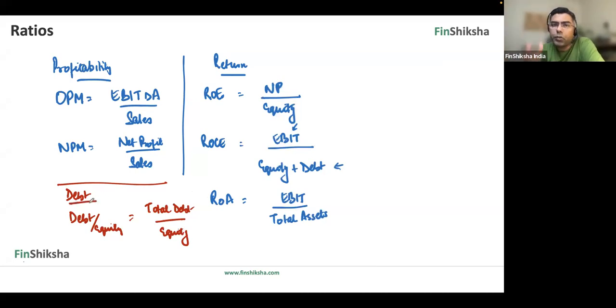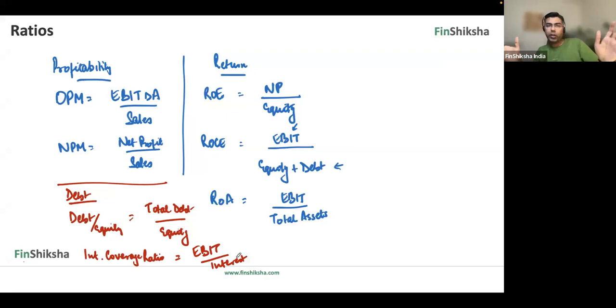It just gives you a broader picture of how much debt a company has. And there's another important one called interest coverage ratio. How much does your profit before interest and tax cover your interest by? So EBIT upon interest. Again, some textbooks give you EBITDA upon interest. That's okay. You can use that as well. There's no problem around that, right?